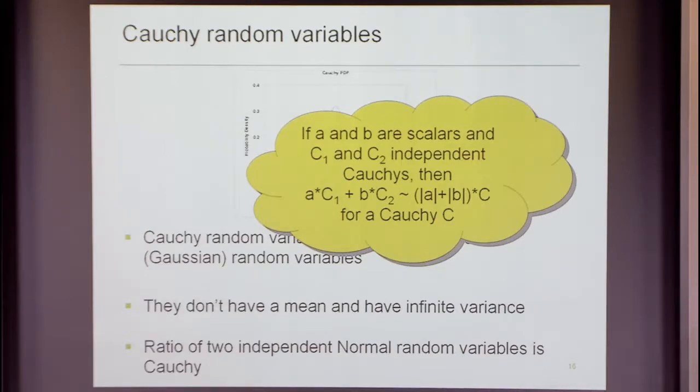In the same sense, if I add Gaussians, the variances add, so I'm carrying L2 information. This is the analog for L1. So if I'm multiplying a row of Cauchys times a vector, I get something distributed as the one norm of that vector times another Cauchy. This is the key property that is used.